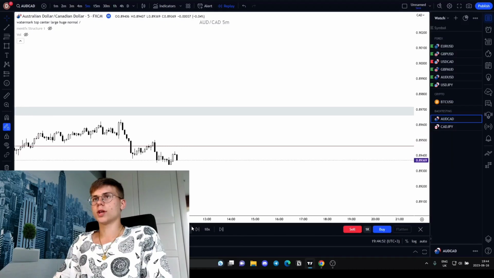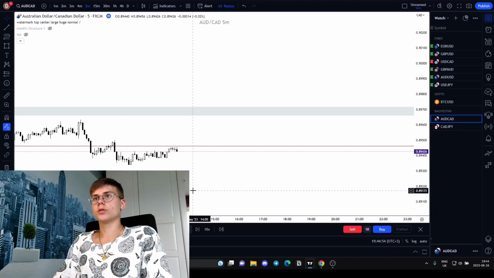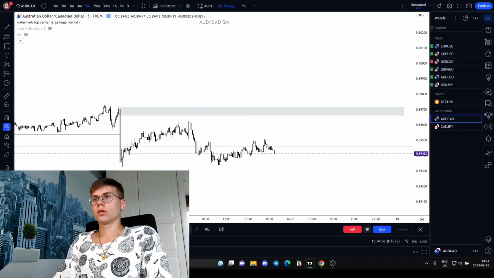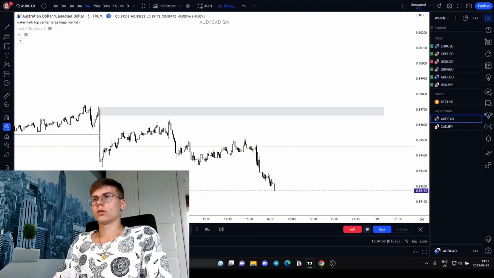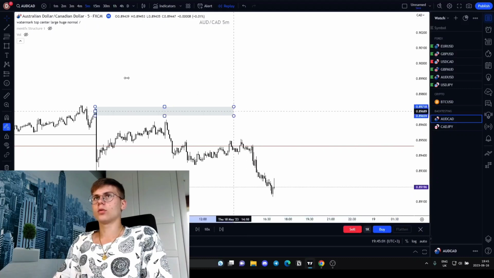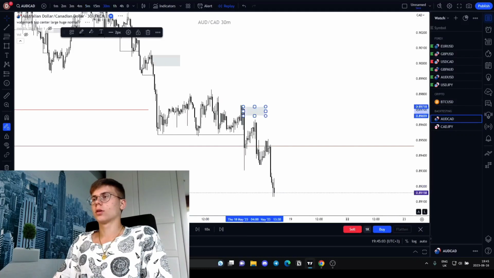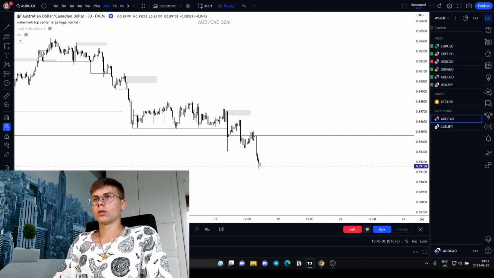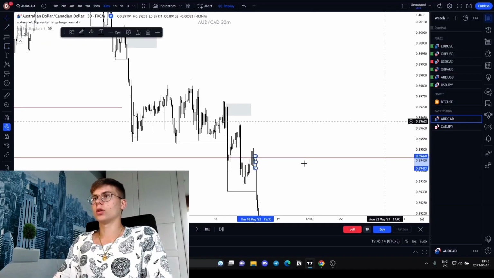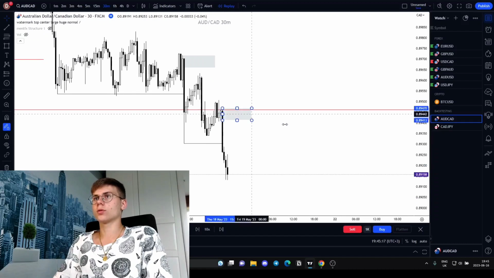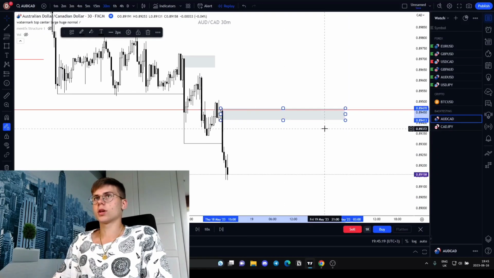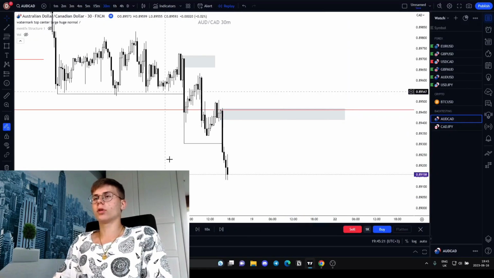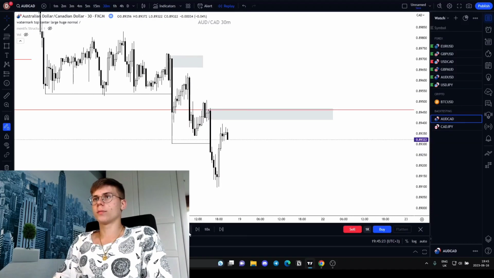Okay, almost tapped into it, but almost. Okay, so we have another break. Looking for another zone. Everything is bearish. We don't wanna long, we wanna short, only shorts, because market is very clear for bearish moves.